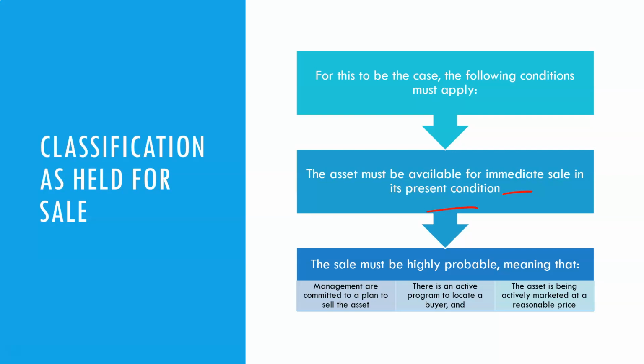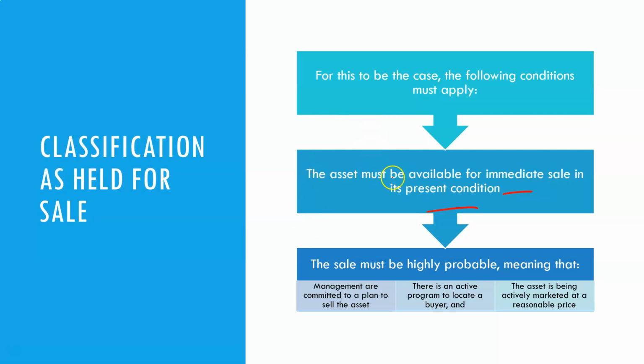The point of this standard is to prevent the failure to depreciate, because if you remember, IAS 16 requires you to depreciate an asset even though it is idle. So if your intention is to sell an asset, there's no point holding it within non-current assets. Derecognize it, because one of the key points about this is, once you derecognize a non-current asset and put it in current assets, there is no longer depreciation.